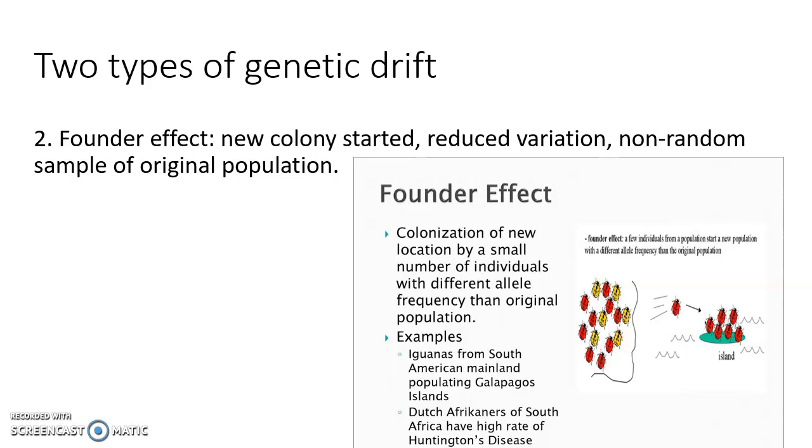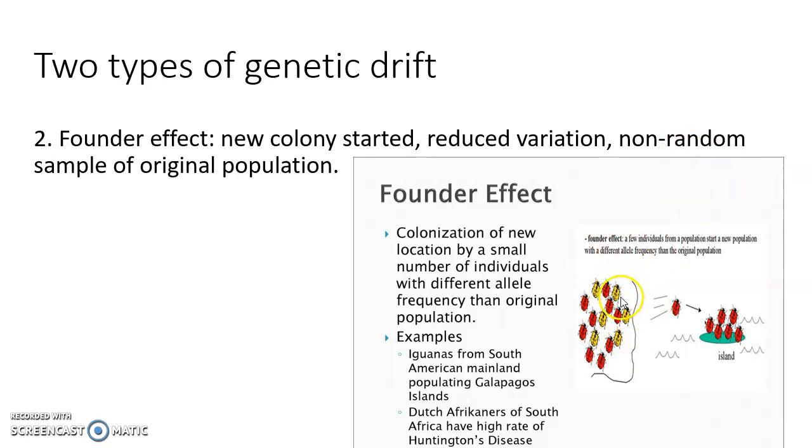Another is the founder effect. New colonies are started, which reduces the variation, a non-random sample of the original population. The founder effect is when a few individuals from a population start a new population with a different allele frequency than the original population.